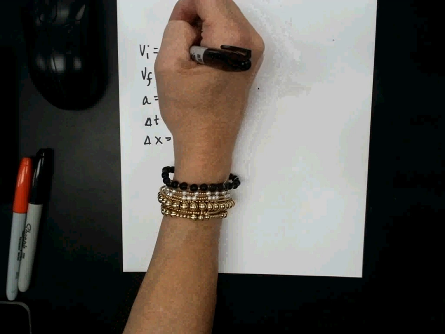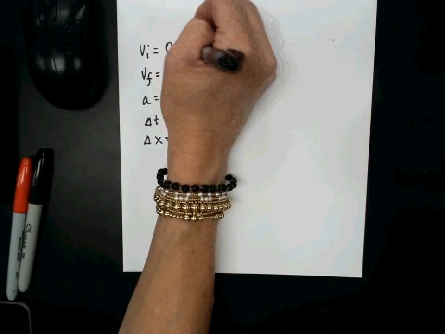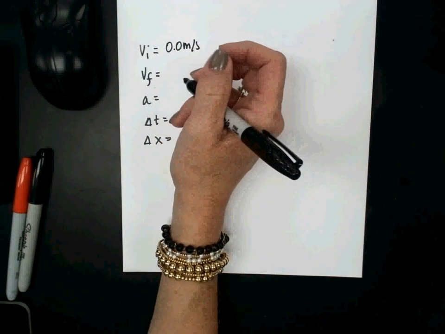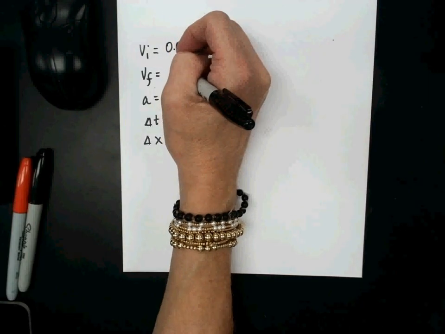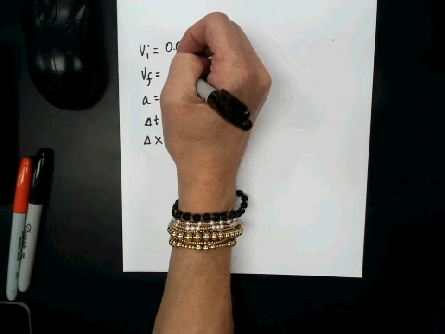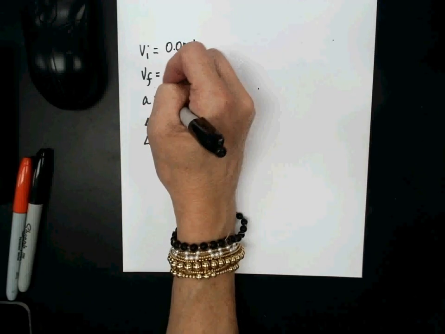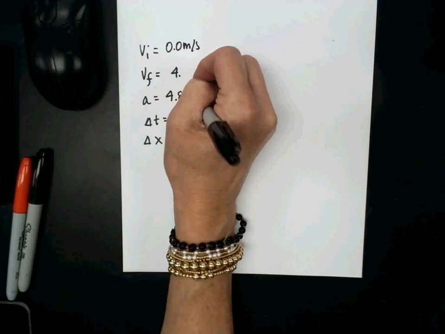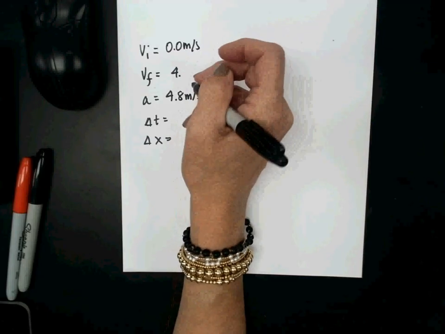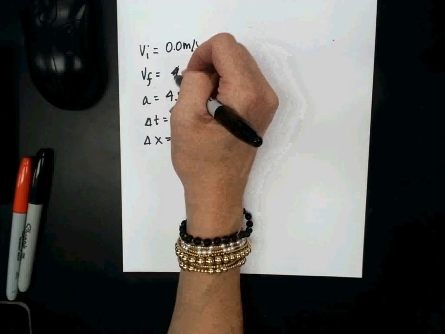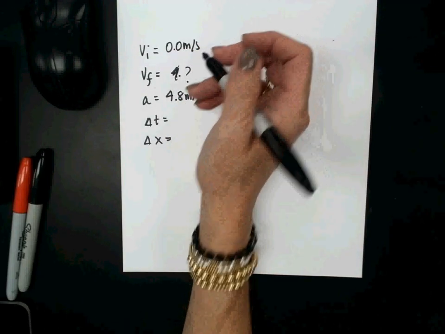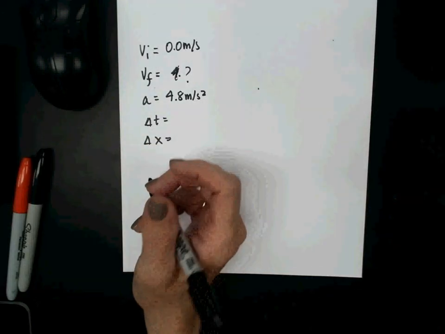Okay, give me a variable, JC. 0 meters per second. Give me the next one, Luke. 4.8. That's A. Did we have a VF? So that must be a question mark.